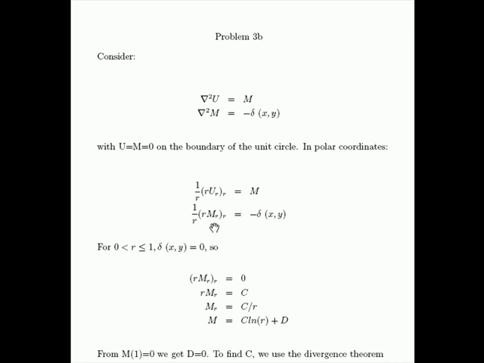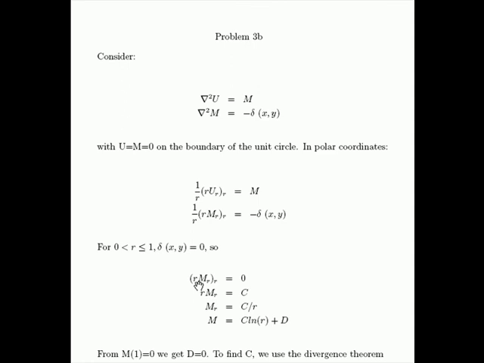Okay, how in the world do we solve this? Well, let's look at the second equation first. Since delta is 0 everywhere except at the origin, that means for all r except r equals 0, where it's infinite, the right-hand side is 0. So we have this equal to 0 everywhere except r equals 0, multiplied by r, and you still get 0 on the right-hand side.